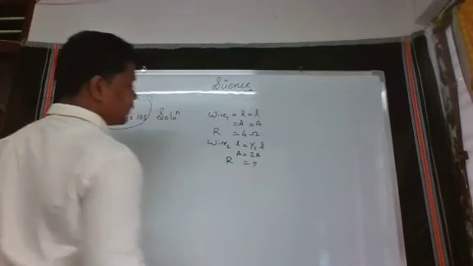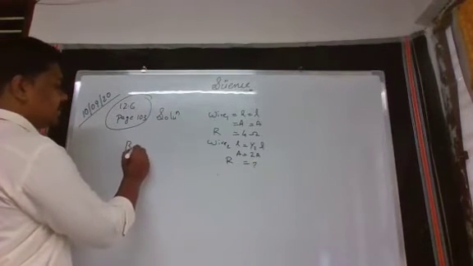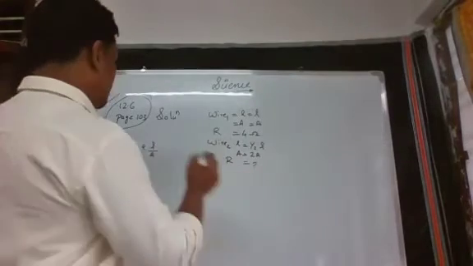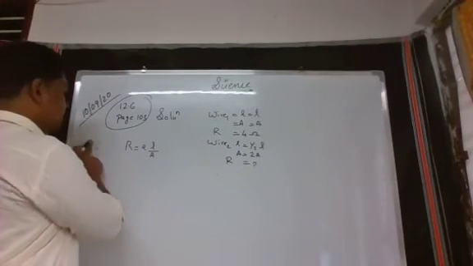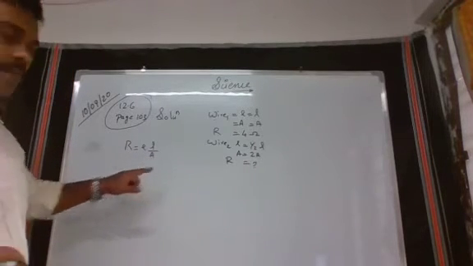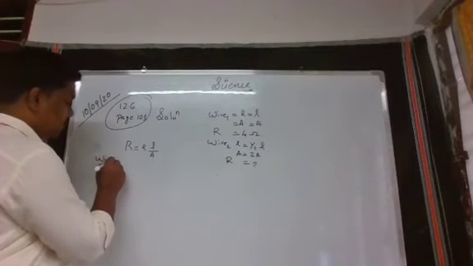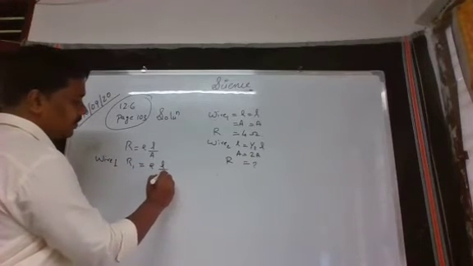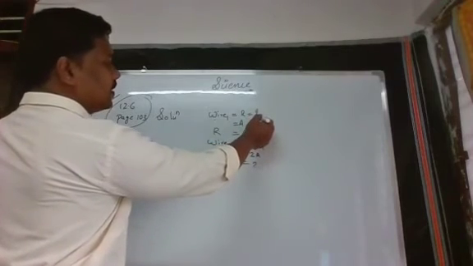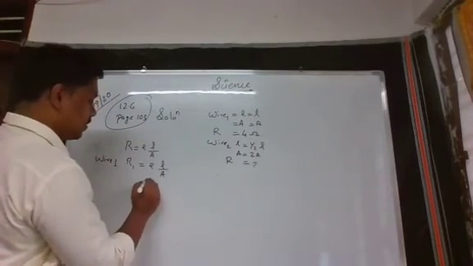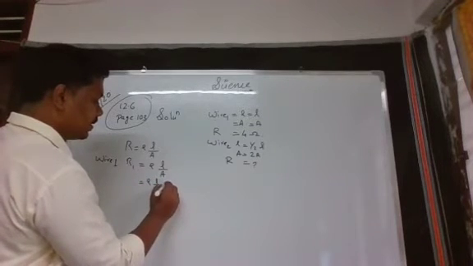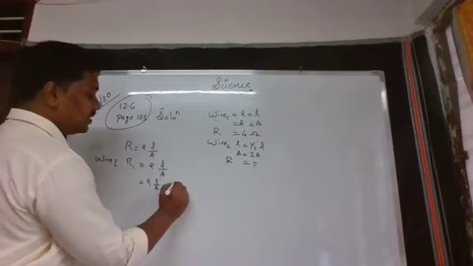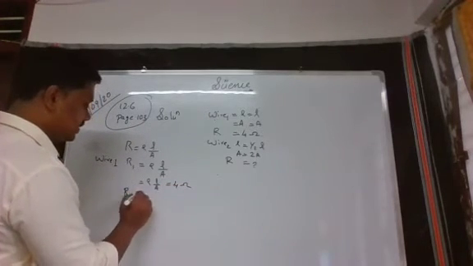We know that R is equal to rho L by A. So for wire 1, resistance R1 is equal to rho L by A, and the value is 4 ohm.